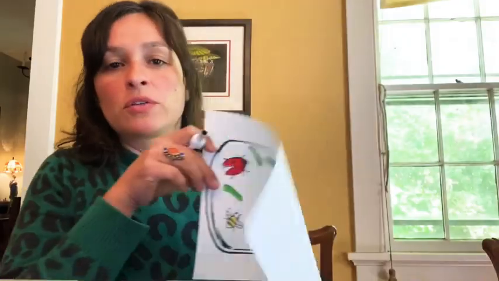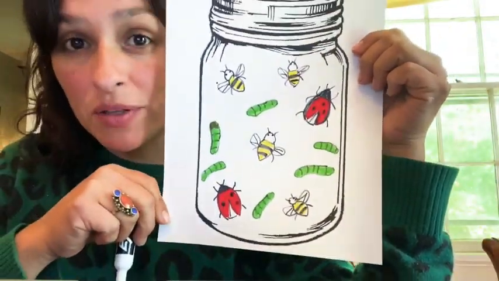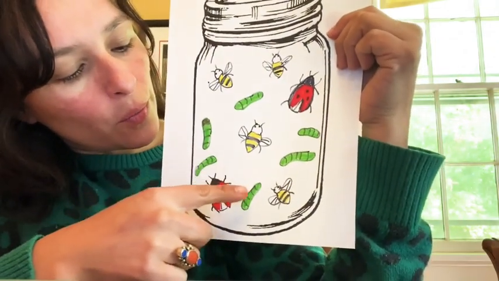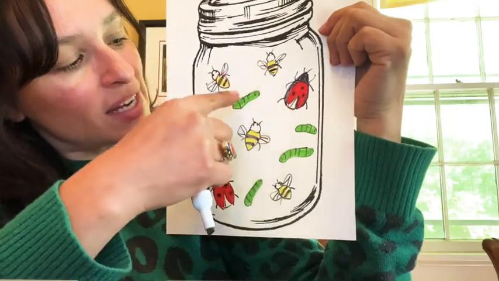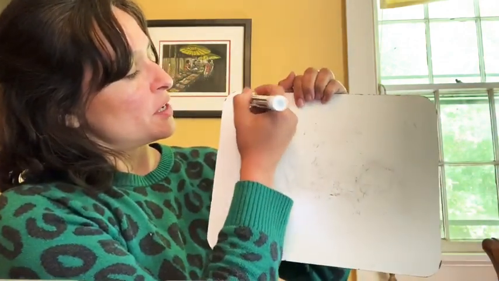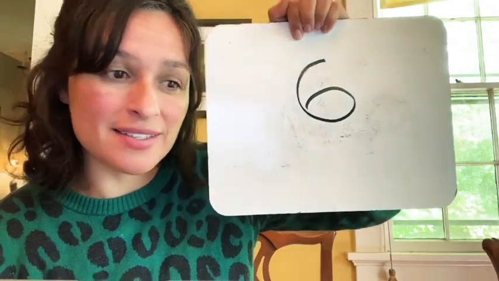Let's count. Vamos a contar los gusanitos. Let's count how many caterpillars we caught. 1, 2, 3, 4, 5, 6. 6. So, there were 4 bees, right? Now there's 6 caterpillars. Let's mark that on our chart. It's a graph.